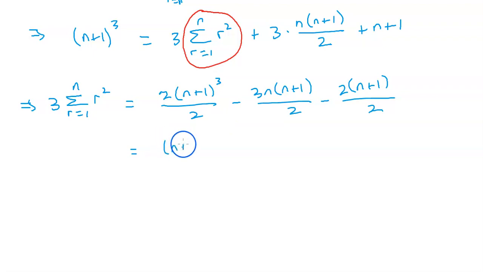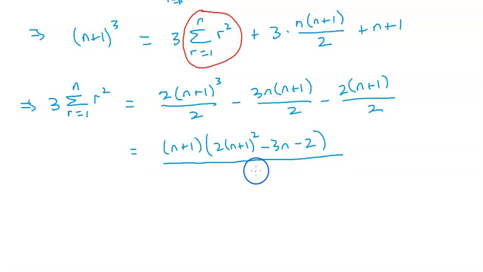Factoring out n plus 1, we get n plus 1 times 2 times n plus 1 squared, and then just minus 3n minus 2. This whole thing is still divided by 2. And then just expanding this thing out, it's going to be 2n squared plus 4n plus 2 minus 3n minus 2.